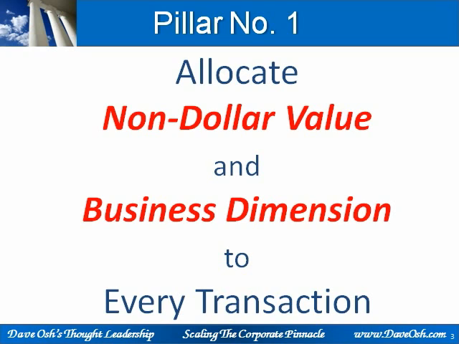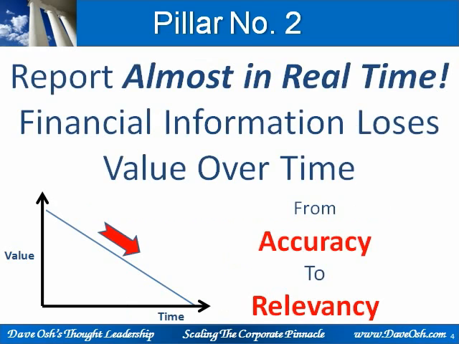So this is a way to add a lot of value to the management. And now by allocating the operational dimension, the non-dollar value, and the business dimension, you have a vast opportunity to expand your added-value data for decision making, to make very smart business decisions.